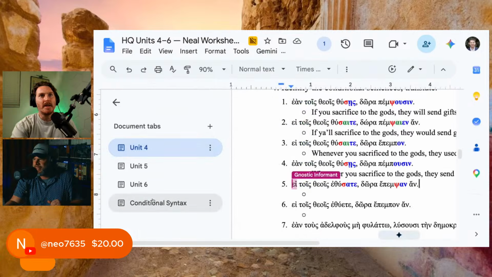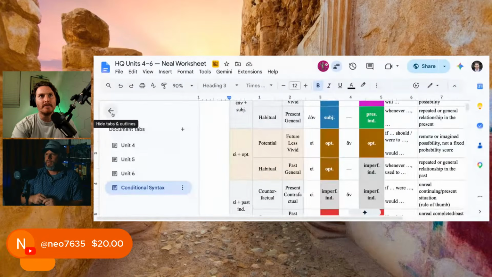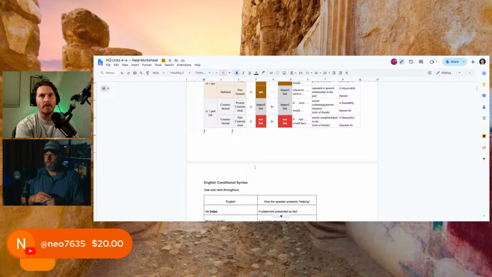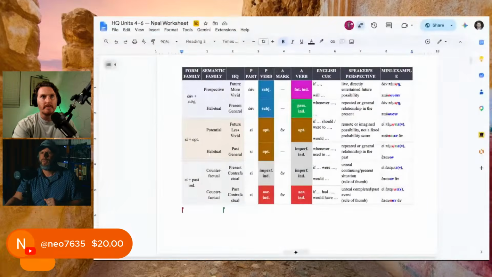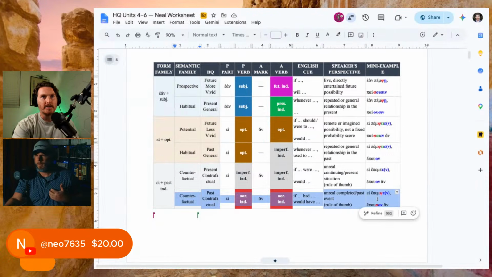Just so everybody can appreciate how easy this particular one is, the only thing on the chart that has aorist on both sides is this bottom one, the past counterfactual.